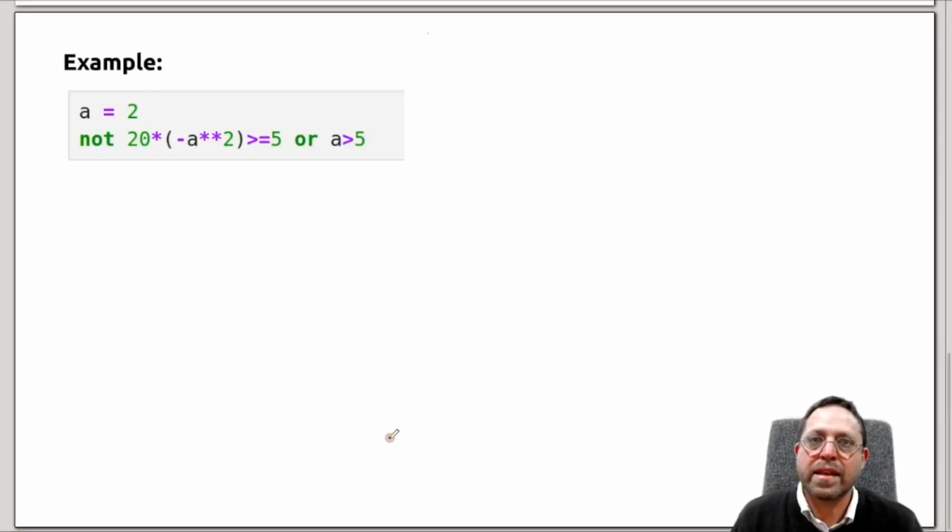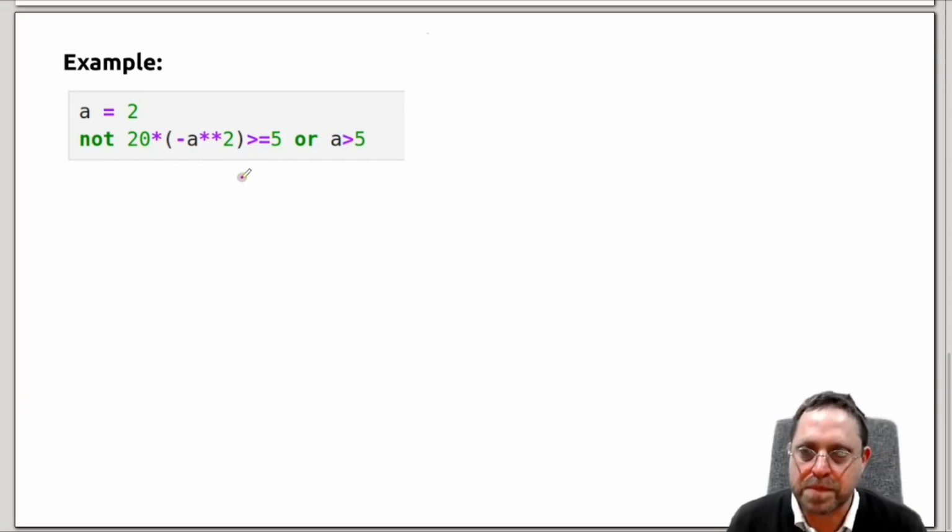So let's take these two lines of code. The first one defines a with a value of 2, and the second one is just a Boolean expression, a long Boolean expression, and it's pretty complicated, so it's not very clear what the result is going to be. We'll have to look more carefully at this expression.